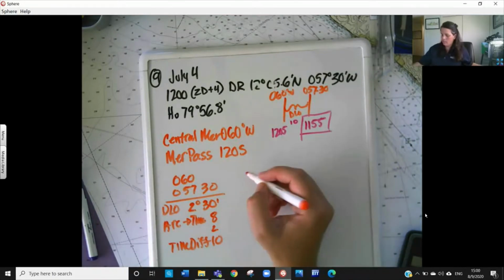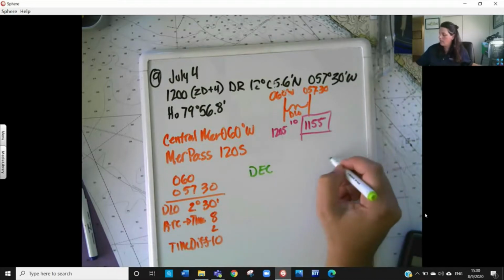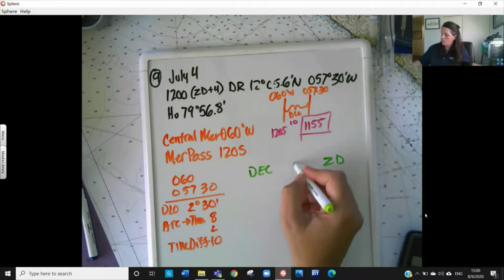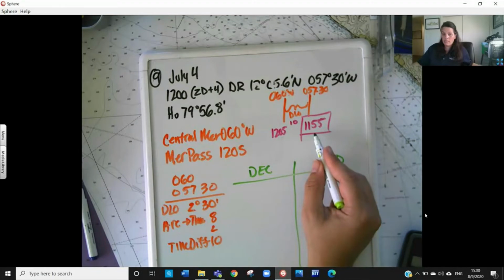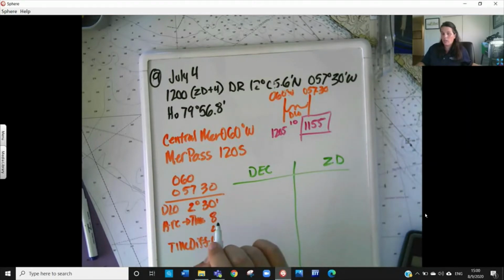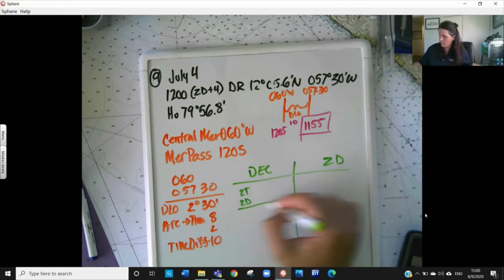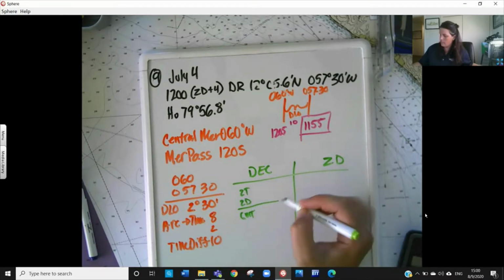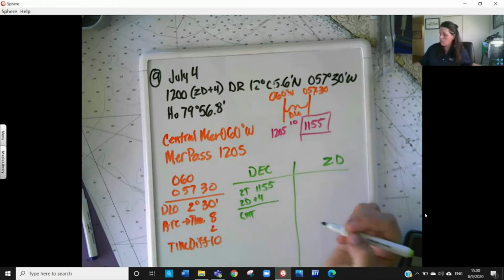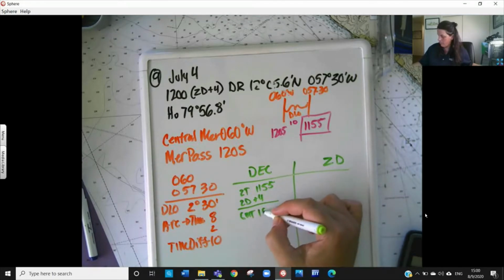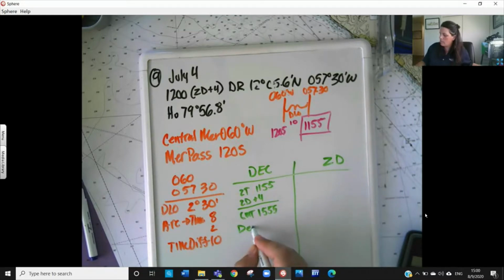So now we have a time, and we can get the two things we need. We need declination and zenith distance. So for declination, we need our time to be in GMT, so we could look it up in the Nautical Almanac. So we have zone time 11:55, zone description plus 4 gives us a GMT of 15:55.